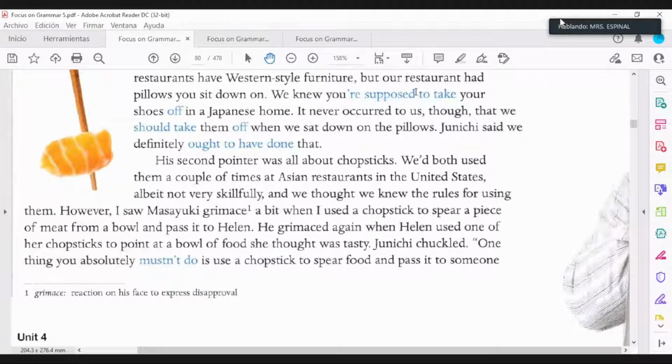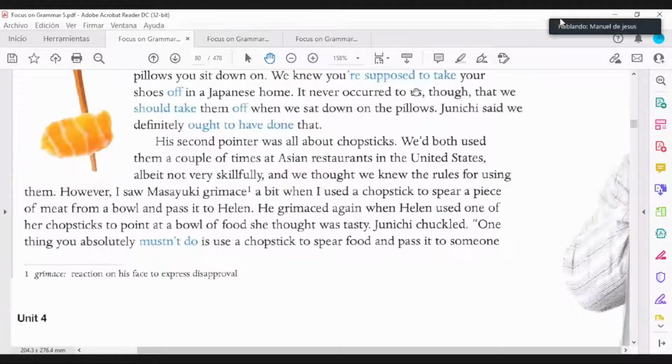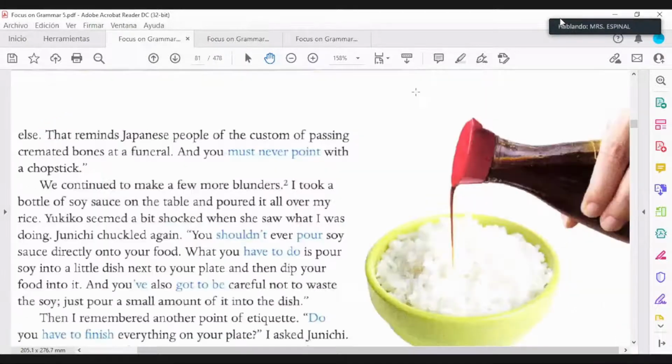One thing you absolutely must not do is use a chopstick to spear food and pass it to someone else.